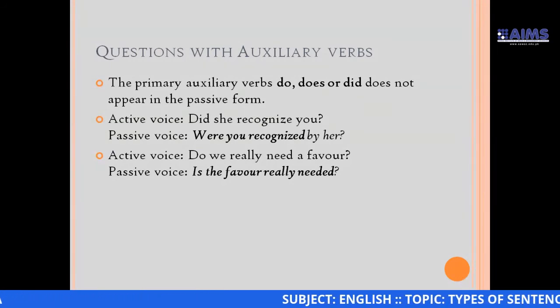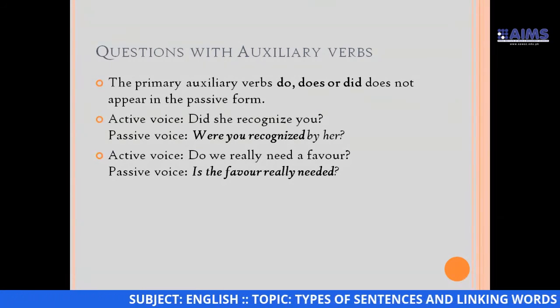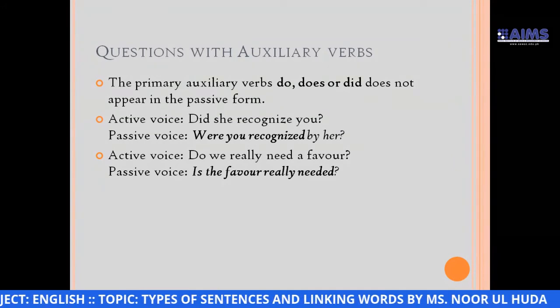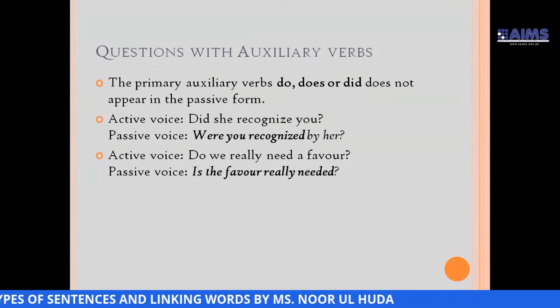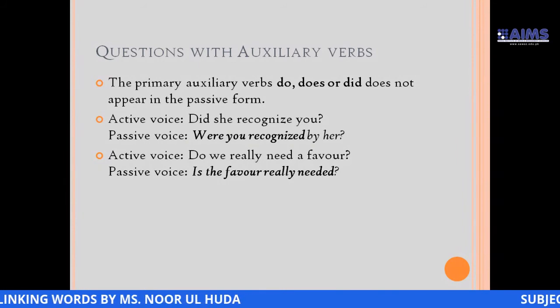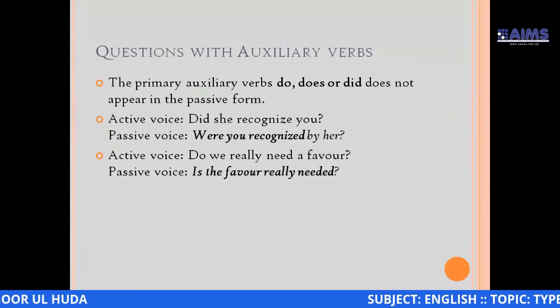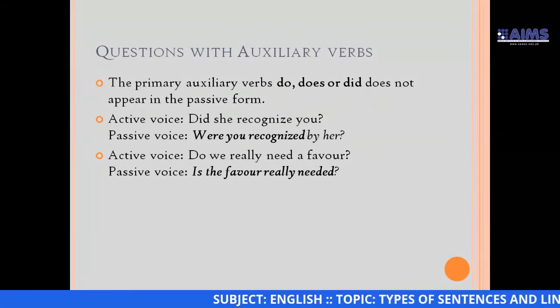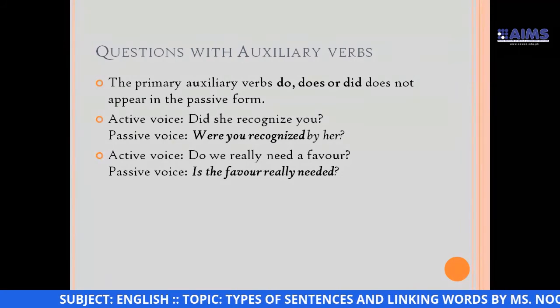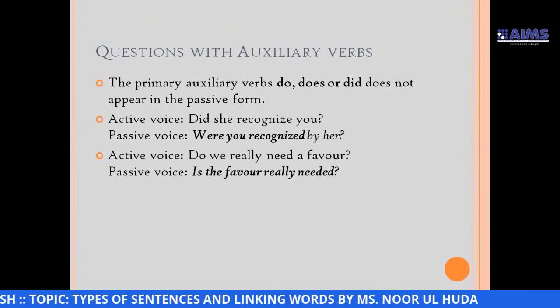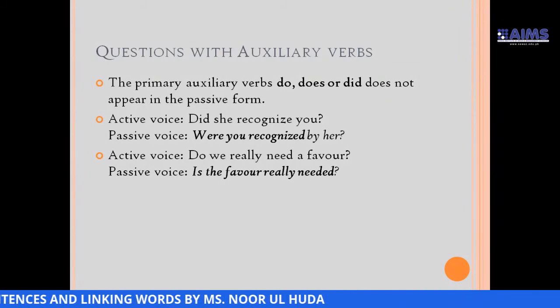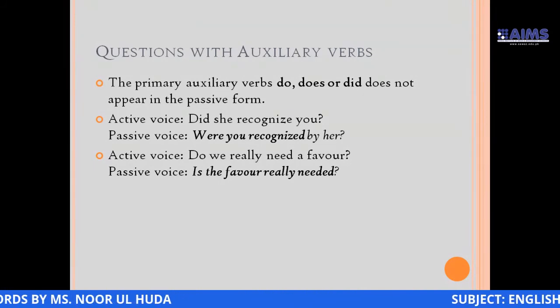Were you recognized by her? Similarly: Do you really need a favor? We assume that the sentence is in the simple present tense. So we need to change it into the passive by making the third form of need as needed. Because it is simple present tense, we take the help of is. Now: Is the favor really needed?